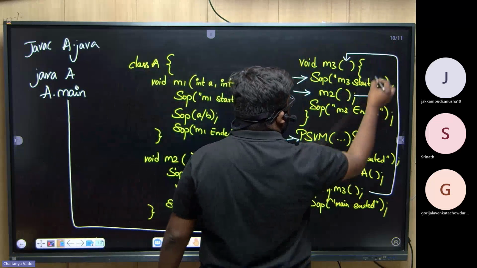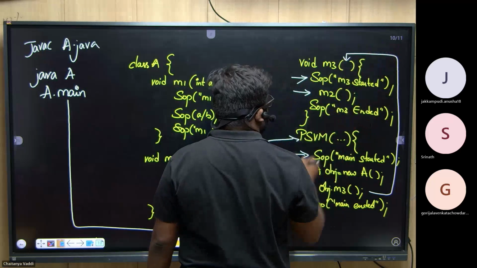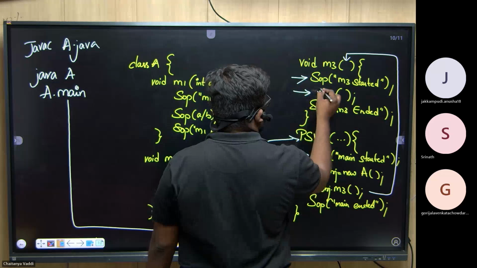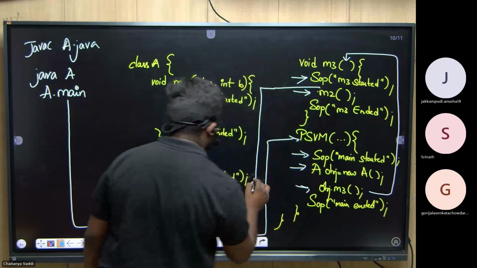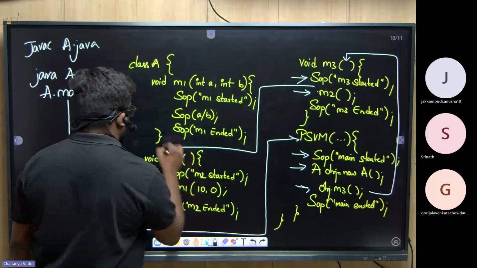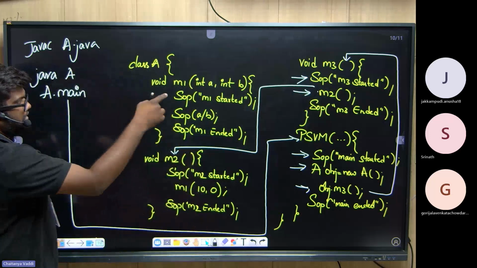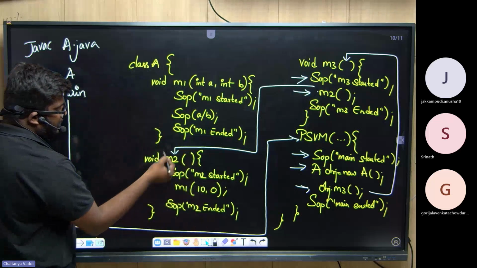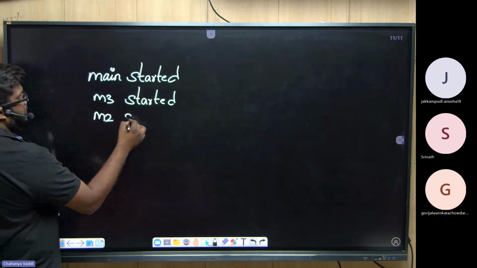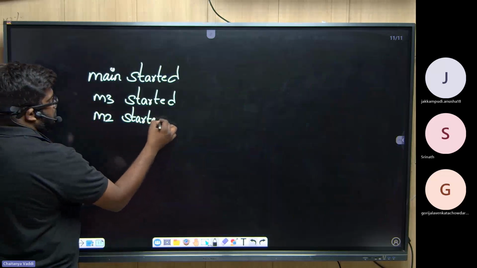Let me draw that in a better way. Okay. Now the controller from that statement jumps to m2, and it is going to execute m2 started. So we will write that m2 started.